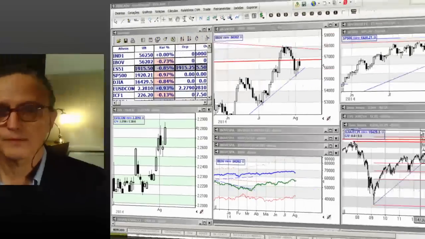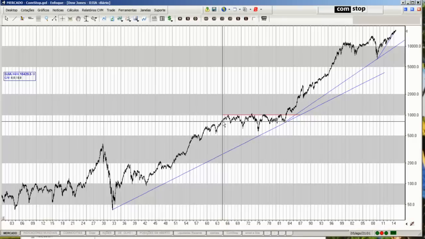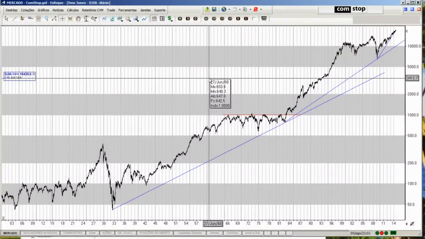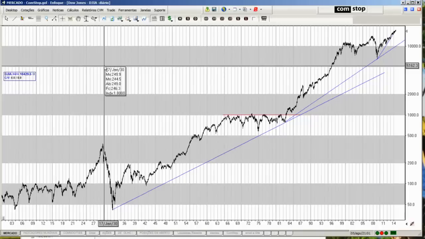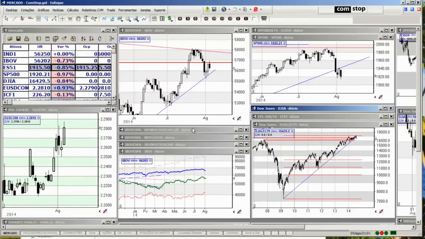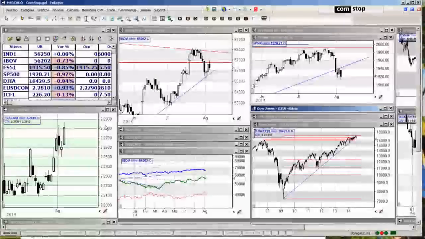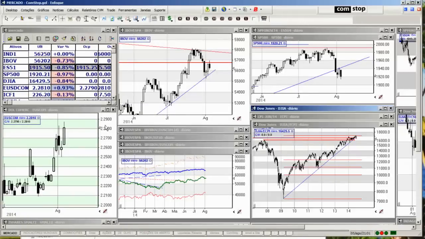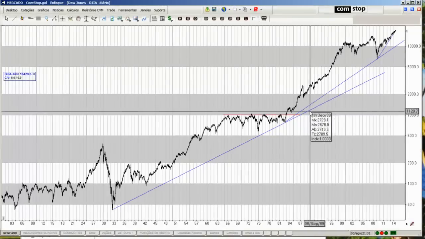For that, I'm going to show you the Dow Jones Industrial Index. First of all, the Dow Jones Index that you probably see. Most of the people in the world look at this chart. This is the Dow Jones Non-Indexed. As I come from Brazil, since I started a company that produces technical analysis software in 1983, I started to index my charts.